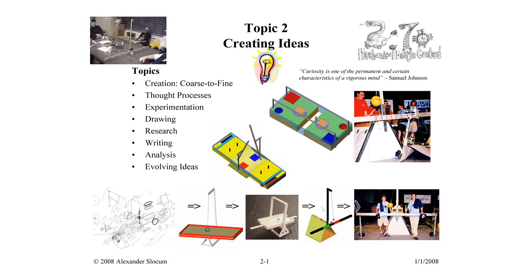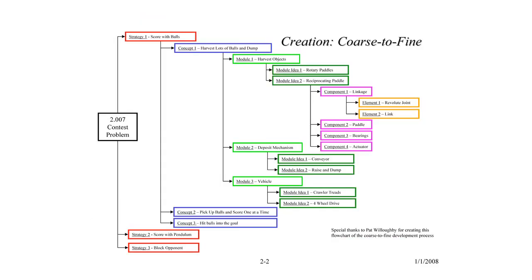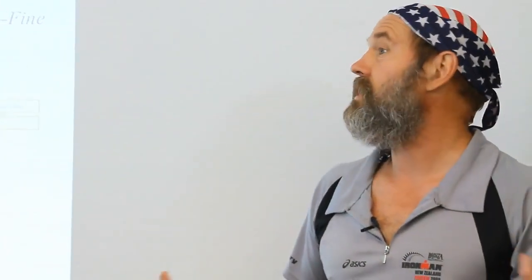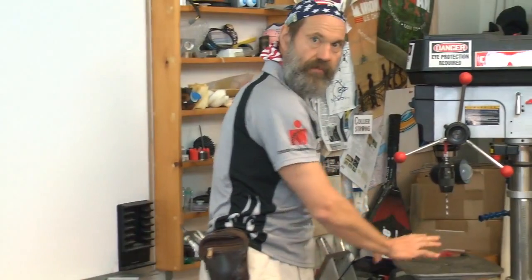Let's dive right in. This slide is a little fine for you to see here at the board, but it shows this flow of ideas, course to fine. Remember last time we talked about the drill press and what the different modules are and the different sub-teams we're going to work on according to their passion. My passion happened to be the table, how I want to redo the table.